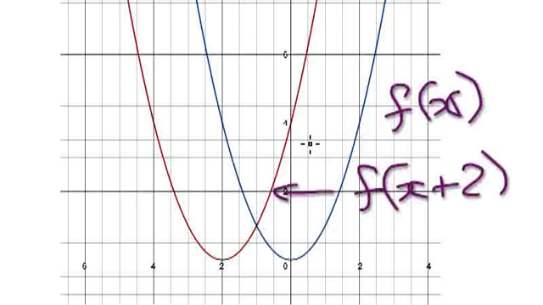It's a bit hard to illustrate, and I will give you more examples on this later on. But what's actually happening is that it's getting shifted across by 2.